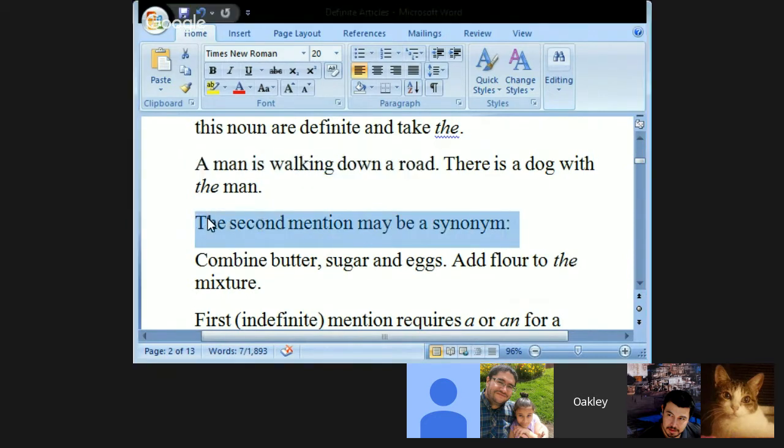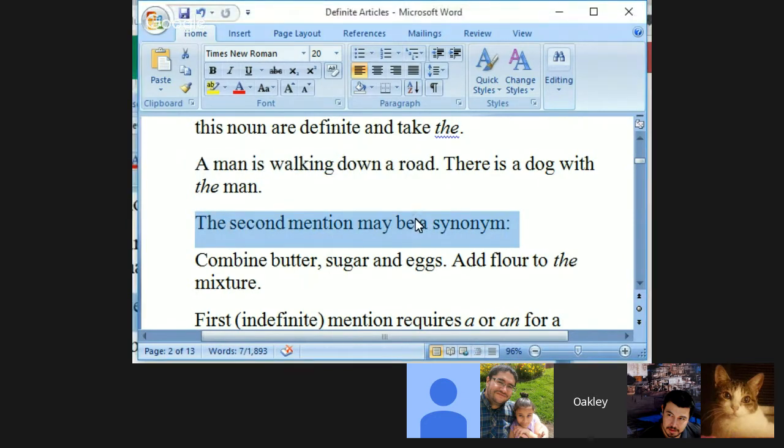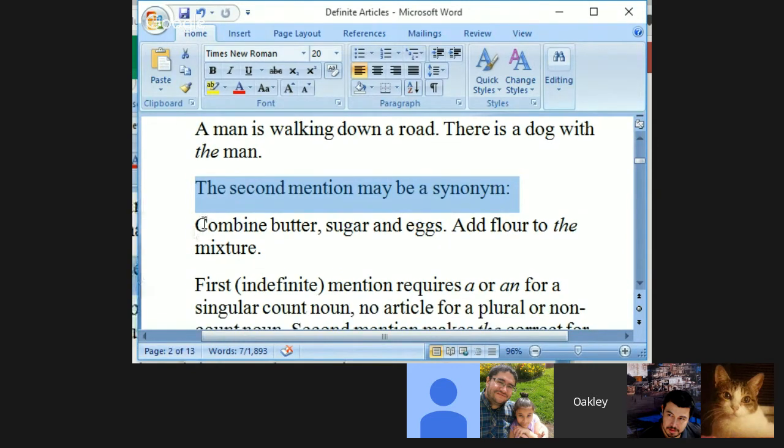A point that many people don't realize. Here's a first important point. The second mention of the noun may actually be a synonym. Take a look at this pair of sentences here. Combine butter, sugar, and eggs. Add flour to the mixture. Okay, mixture is actually referring back to, obviously, your butter, sugar, and eggs here.